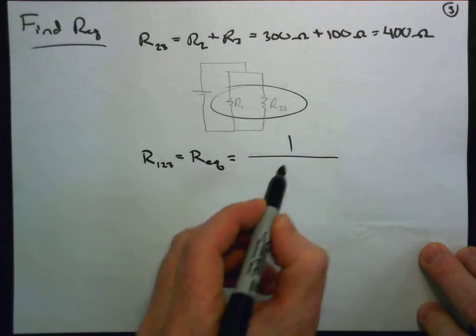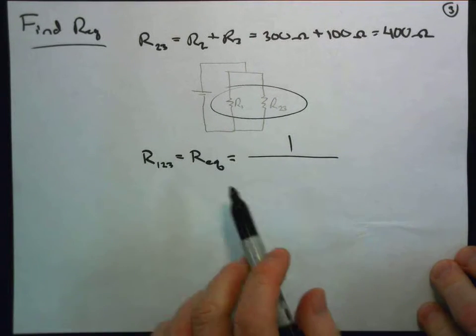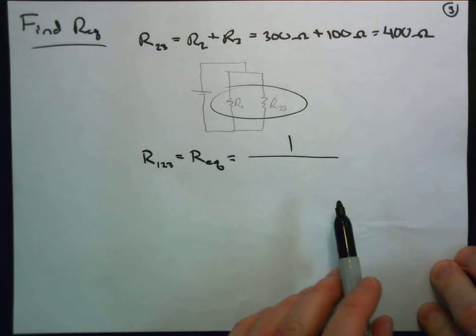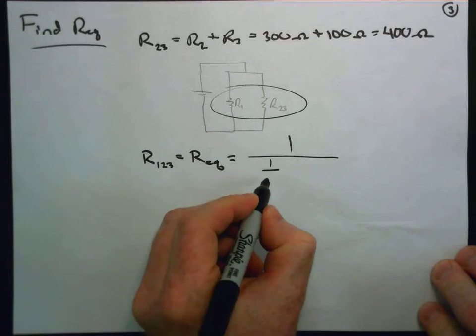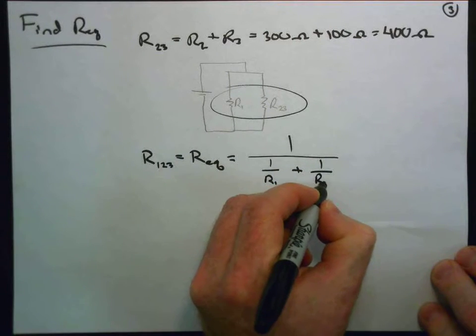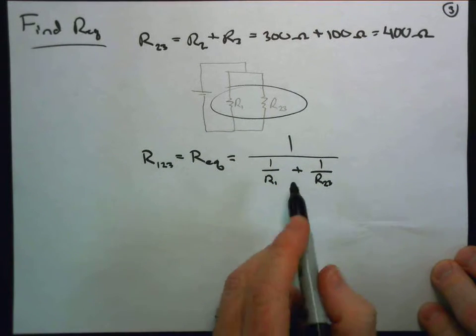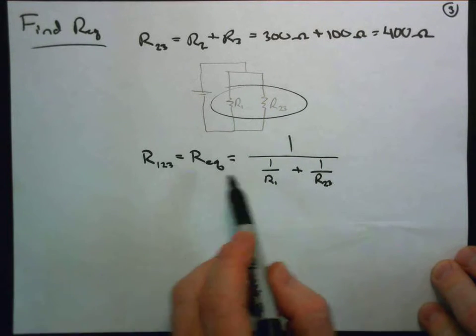So the rule is, the equivalent is going to be the inverse of the sum of the inverses. And that sounds kind of convoluted. So I'm going to have the inverse of R1. I'm going to add the inverse of R2,3. And then I take that sum and take the inverse of it, and that's my equivalent resistance.